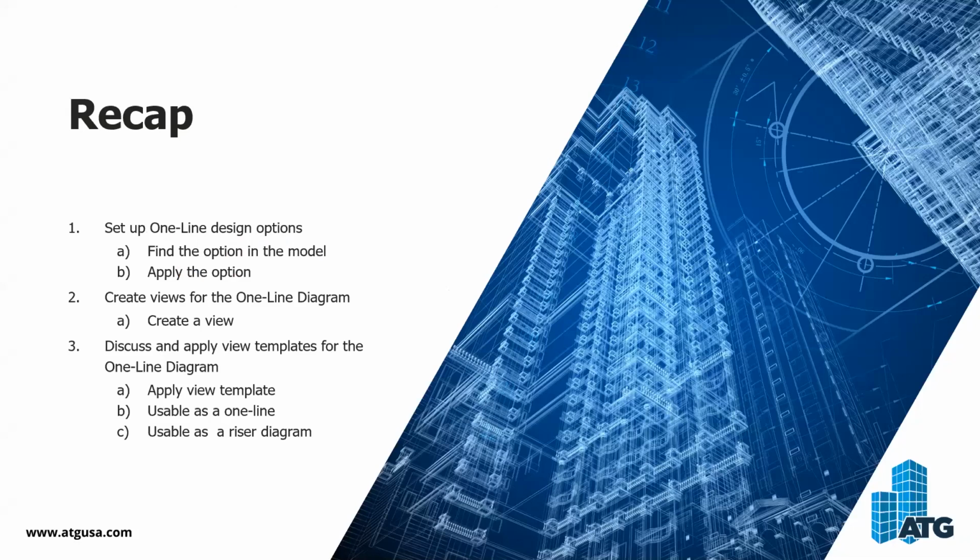Pretty quick, pretty simple. We also went through creating that view. Make sure when you create that view, we want to do that in an elevation view. That's how we have it set up. That's how we have our view templates out there. You create that in an elevation view.